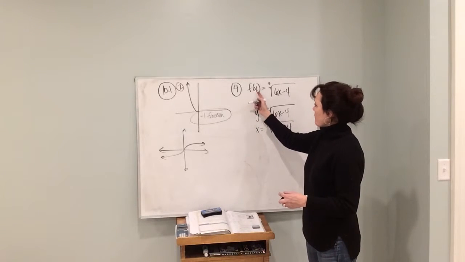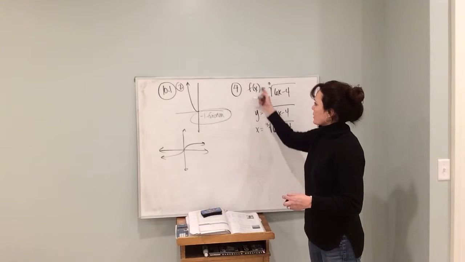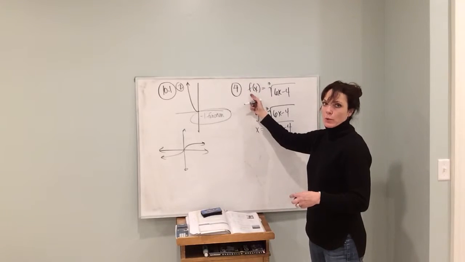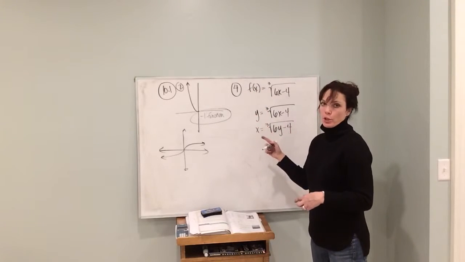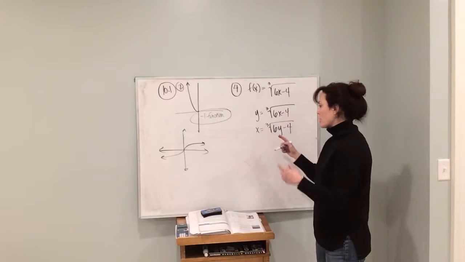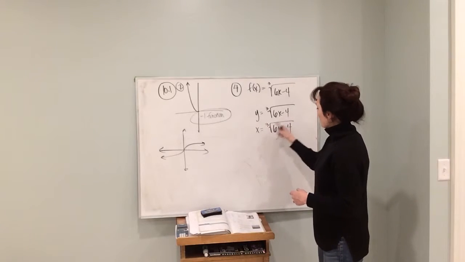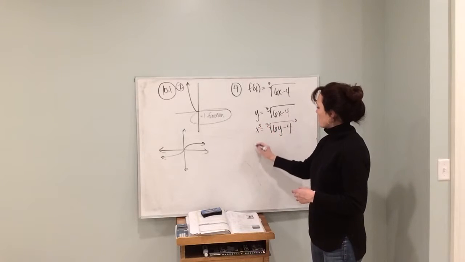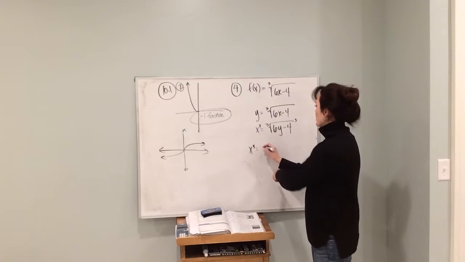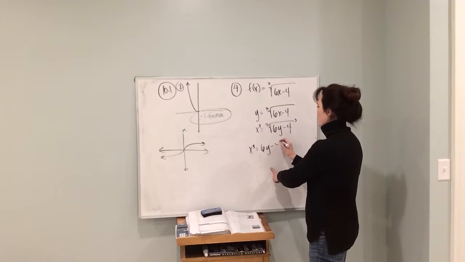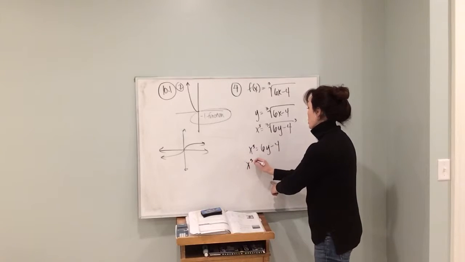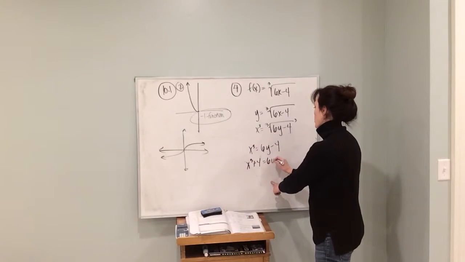Because this is written f of x, this has replaced our y with an f of x. We want to replace our inverse function with f inverse of x, so that it's in terms of x. In order to liberate the y here, I'm going to cube both sides of this equation. I have x cubed equals 6y minus 4. That gives me x cubed plus 4 equals 6y.